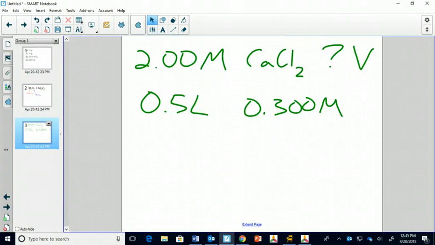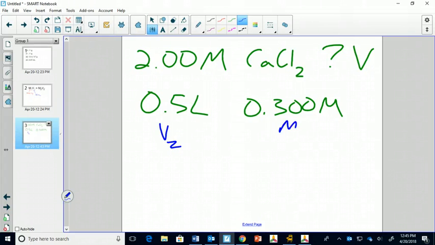So we'll follow what the example problem has here just so we don't confuse you. They're calling this your volume 2 and this your molarity 2. Here's my molarity 1, and I'm trying to find V1.